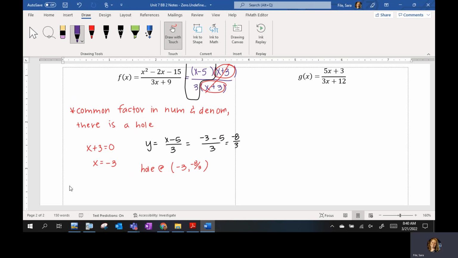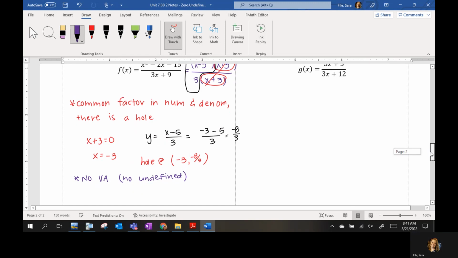So there are no vertical asymptotes, okay? And I'm going to abbreviate that VA. What that means is there was no undefined. There was an indeterminate, which is the hole, but there was no undefined, so there's no vertical asymptote.